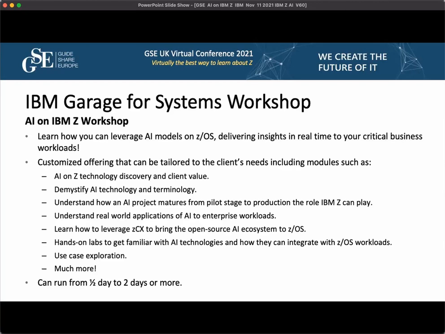So we have quite a few modules to this workshop, and taking the AI assessment will help us make sure that we start you at the right module based on your existing skills and knowledge. For example, if you already knew what use cases you want to leverage AI for, but you wanted some hands-on experience, we can certainly start you there.